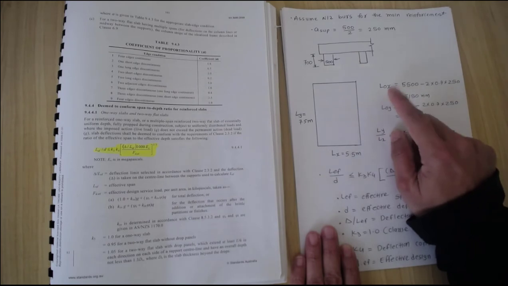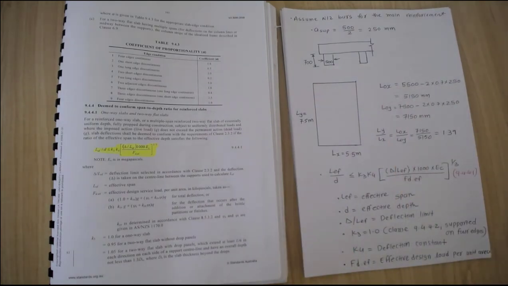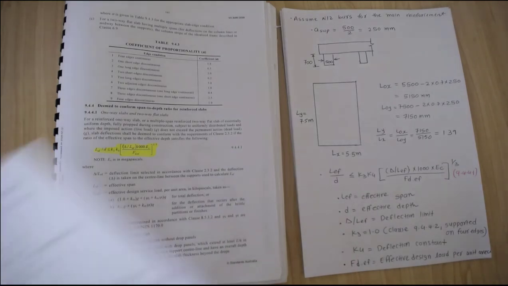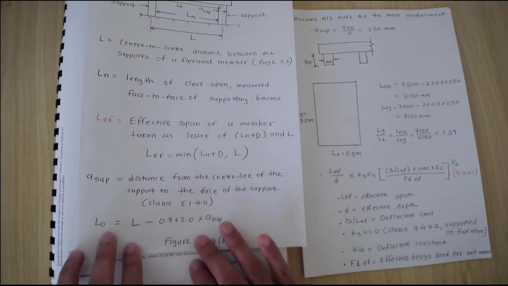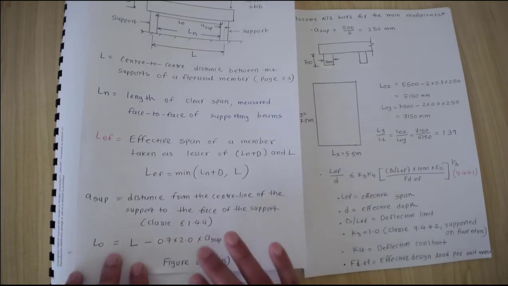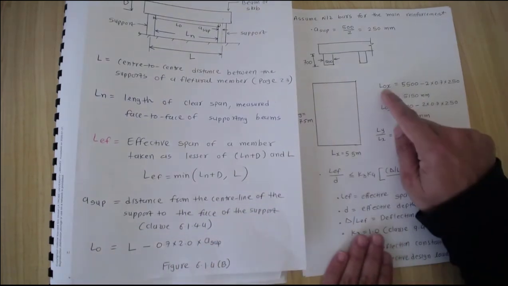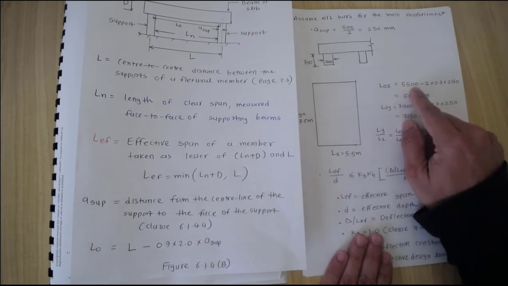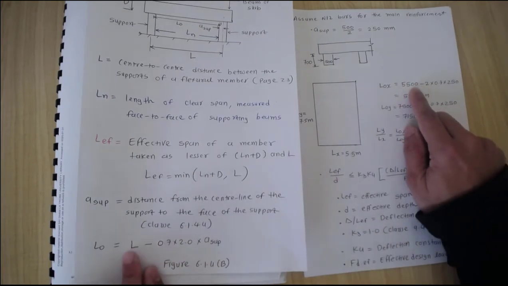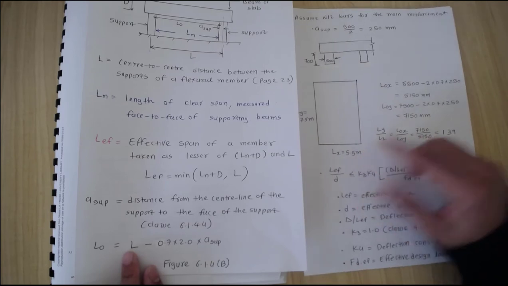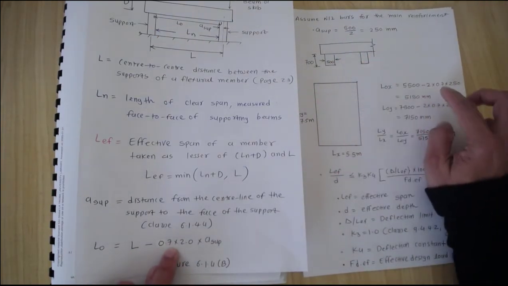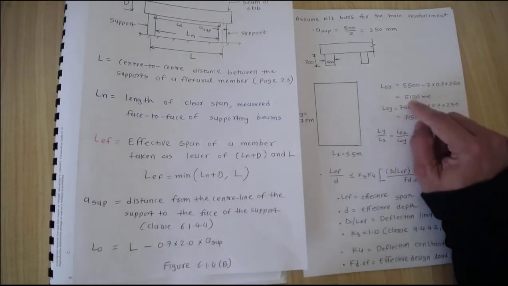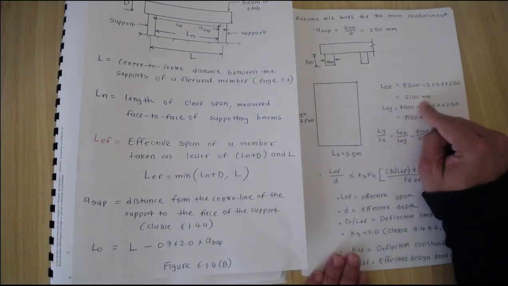Now LOX, in my previous video where we have these figures, where we talk about this LO value, this LO is found by using this one. Please refer to the last video. So LOX is 5500, which is the L given in our examples, take away 2 times 250 on both sides, times 0.7, and then you can find LOX is equal to 5150.